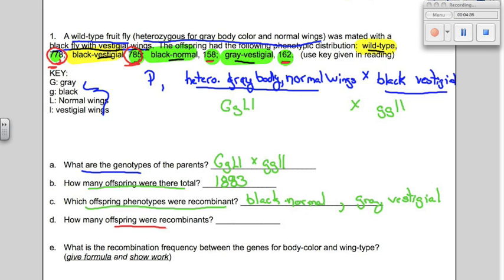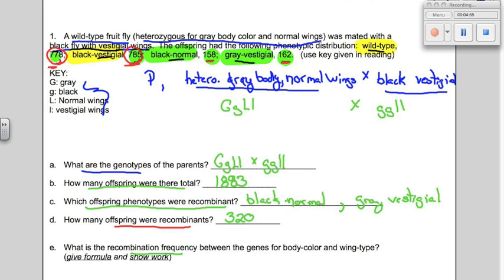So now if I want to figure out how many of the offspring were recombinants, I just need to add up the 158 black normal flies and the 162 gray vestigial flies, which gives me a total of 320 recombinant flies.